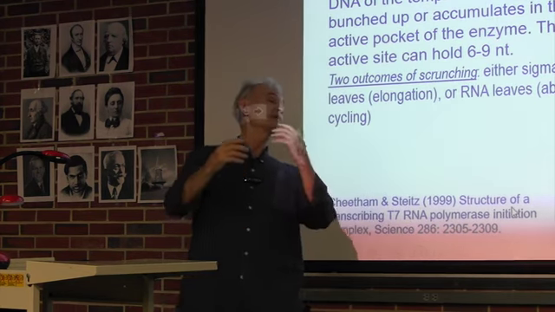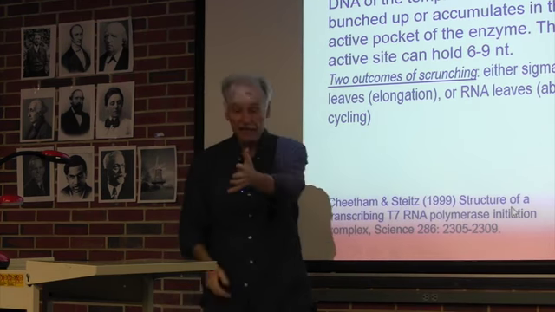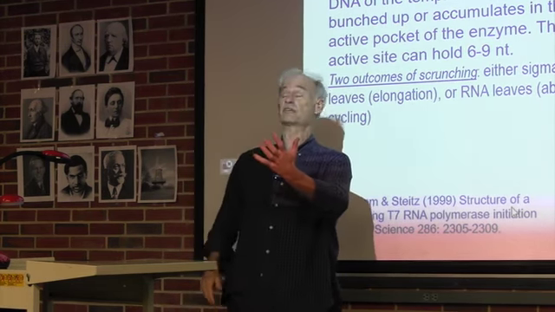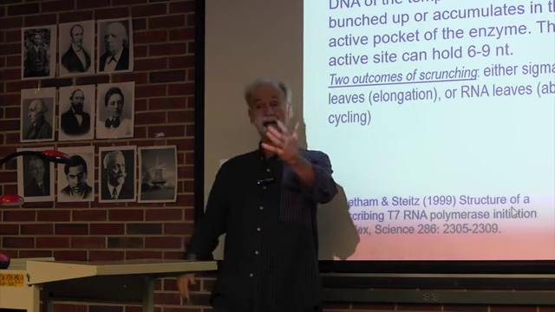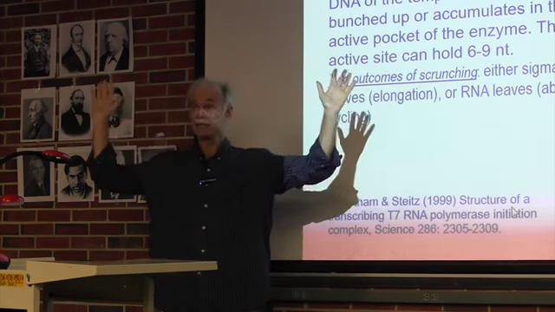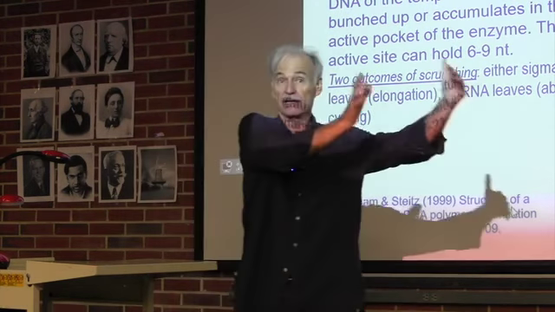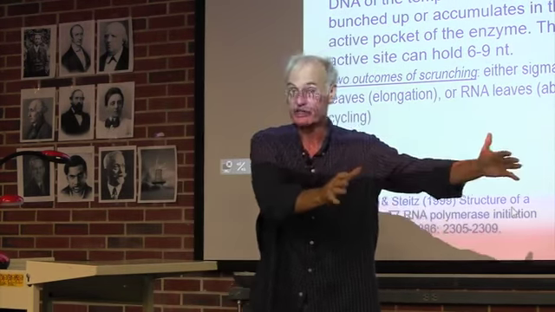When it pushes sigma out of the exit pore and begins to exit itself, that changes the configuration of sigma. It goes, whoa, and lets go. That letting go enables the polymerase now to let go of the promoter. That's the only reason it's stuck at the promoter.